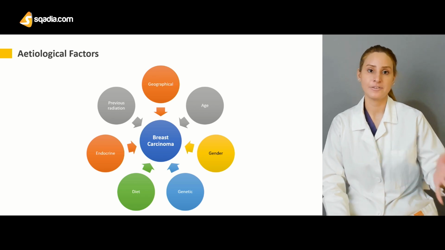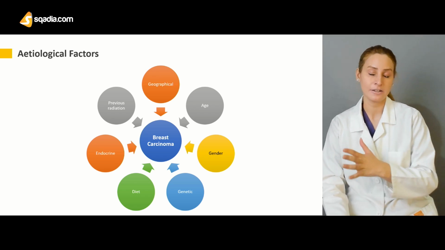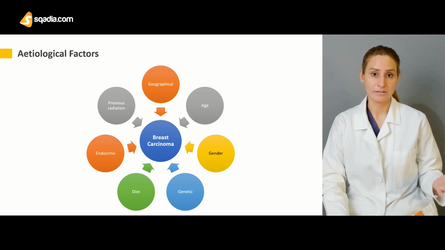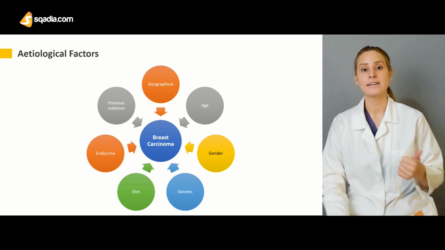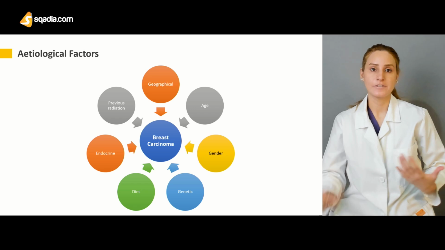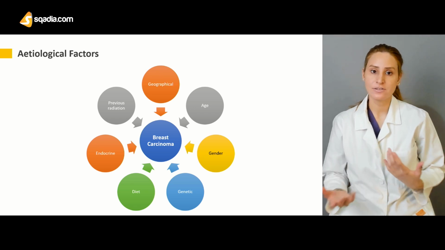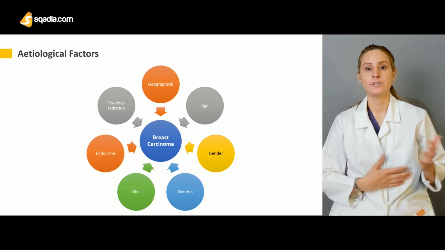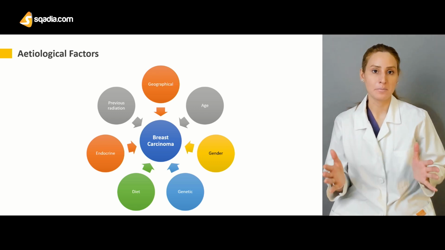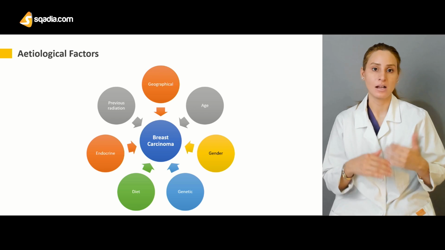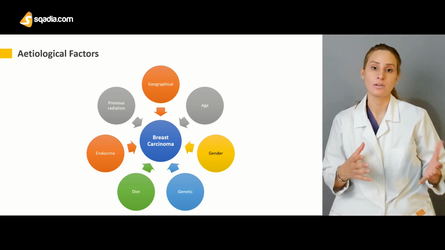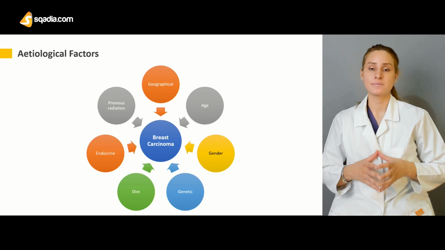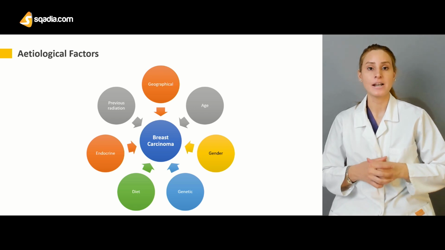Although genetics and familial cases make another category. But when you talk about the sporadic cases, ask about the age, geographical region and gender, and if there's any change in the diet for the past couple of months or years, depending upon how the patient presented, for how long he has been having the symptoms, and ask about previous radiation.